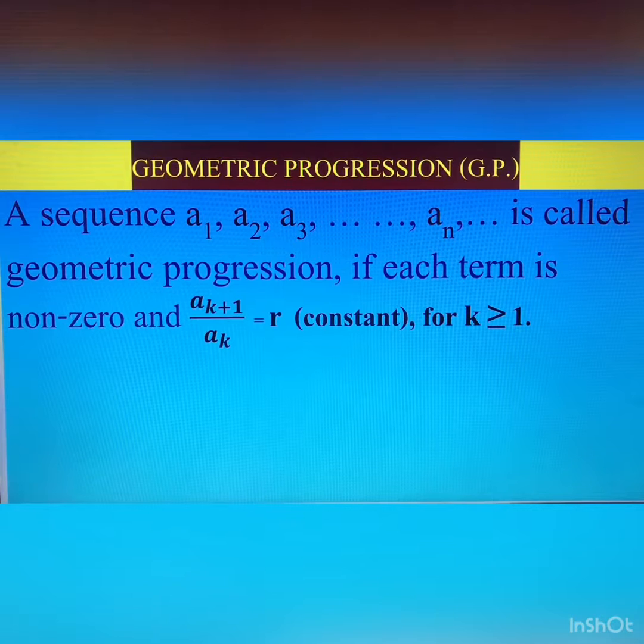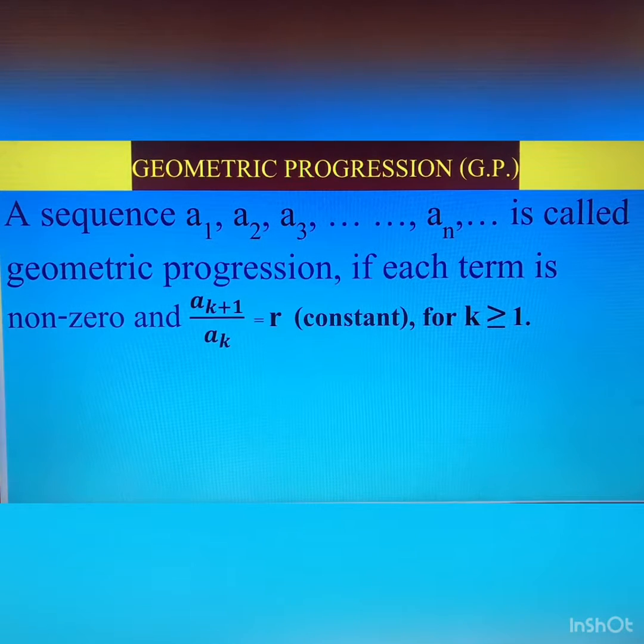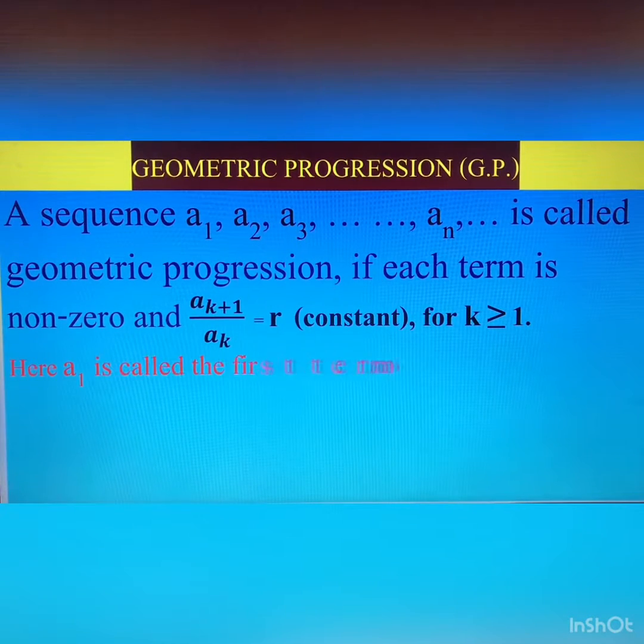This formation is known as a geometric progression, and this gives a constant term r. This constant term r is known as the common ratio, and a1 is the first term of the GP.